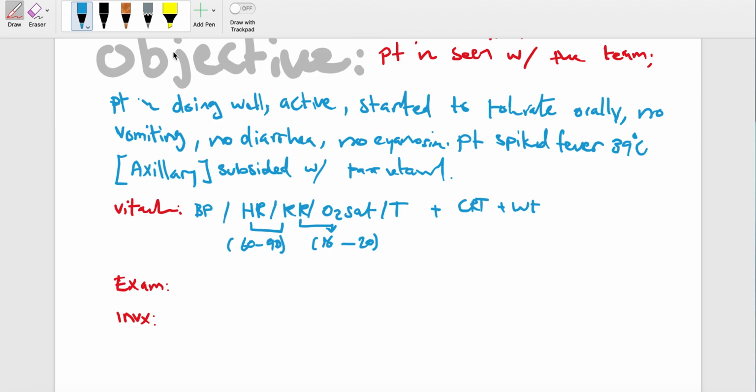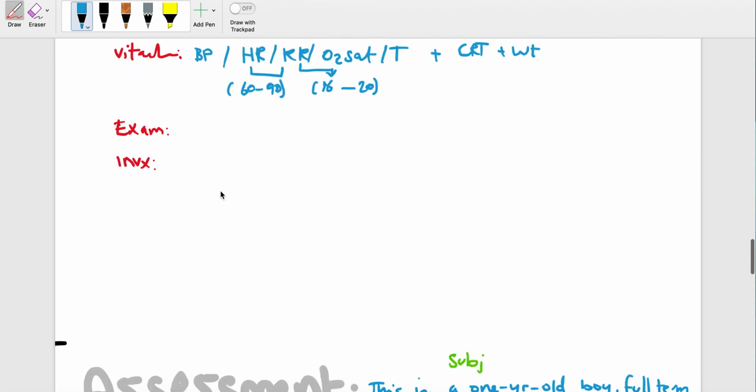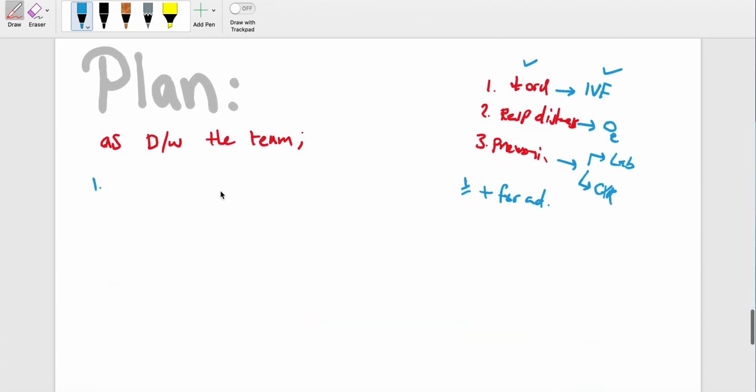Okay, so our patient is active. Okay, he started to tolerate orally. Let's say I'll put that in mind. Okay, and I'll tell you how to put it in your mind. And then he has no vomiting since his admission, no diarrhea. Okay, no cyanosis, and there is 1 spike of fever, and I should put this also in mind, and we'll see now.